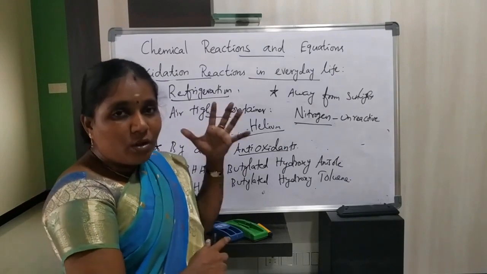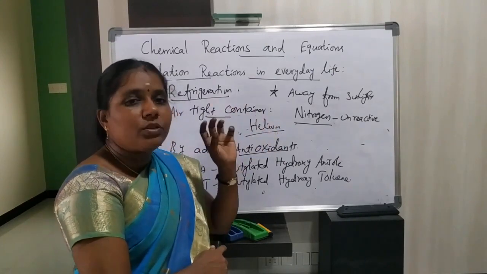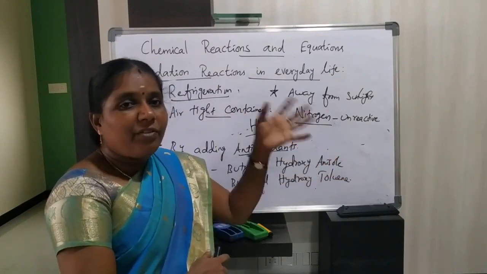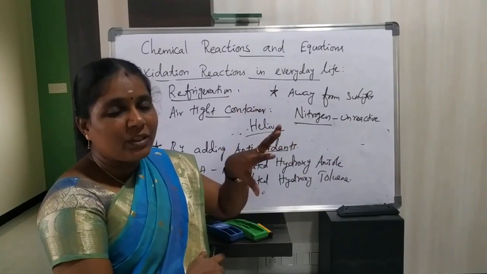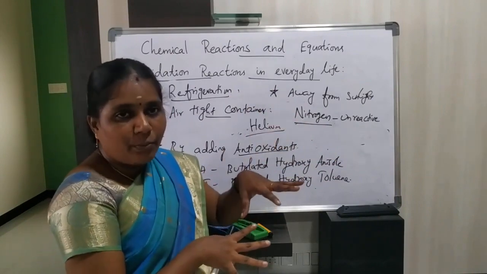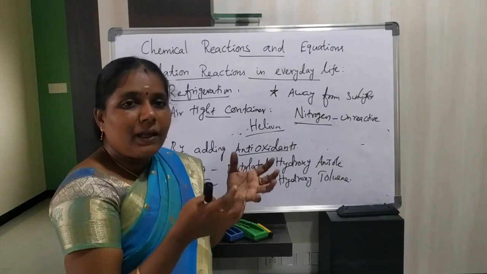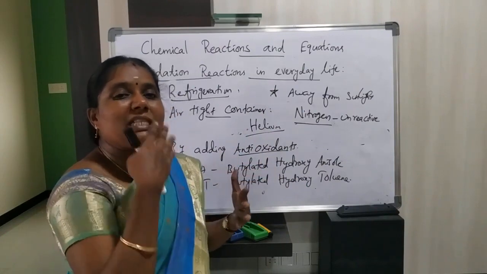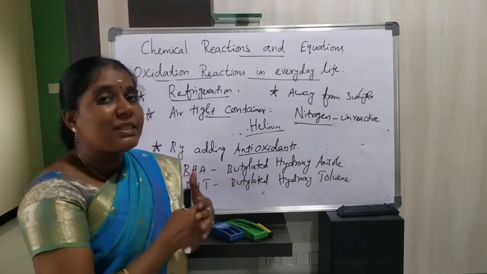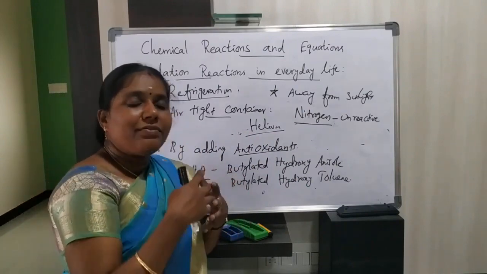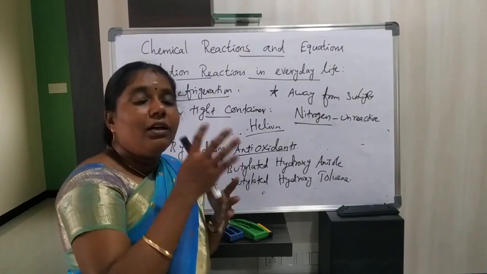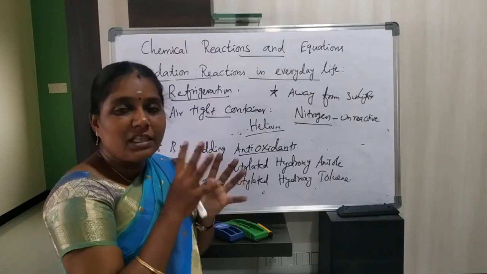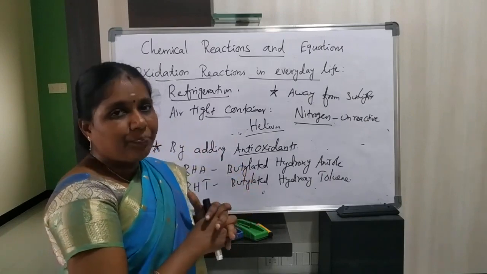Suppose oily food or fatty food is left out, with the reaction with oxygen, with the help of the oxidation process, what happens? Immediately it reacts and gives the food an unpleasant smell and taste. Because of this unpleasant smell and odor, the food items are spoiled. This process is called rancidity.